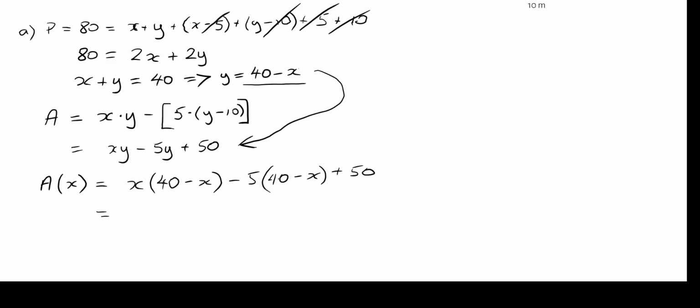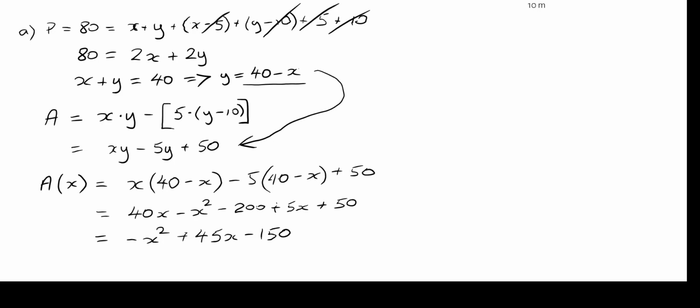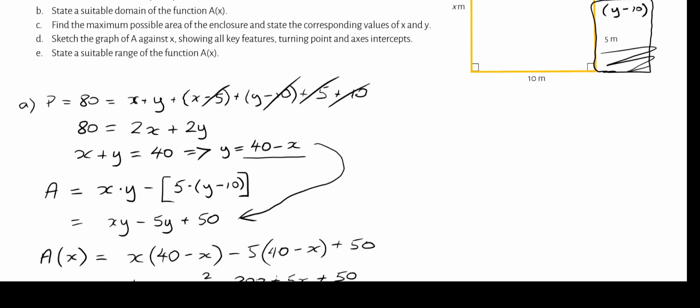That is equal to 40x minus x squared minus 200 plus 5x plus 50, and collecting all the like terms and reordering them: negative x squared, 40x and the 5x, positive 45x, negative 200 plus 50, negative 150. Okay, so that is part A solved.